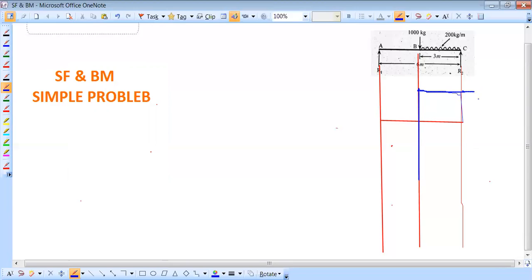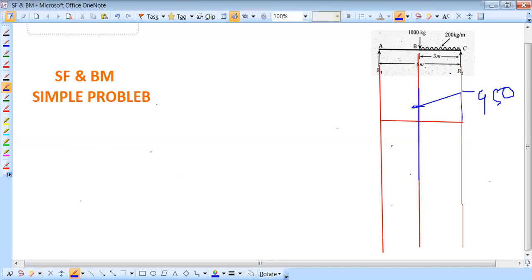This value is equal to 950 plus, and here the load is a UDL, so you have to draw it this way, not a straight line. Actually, the straight line.